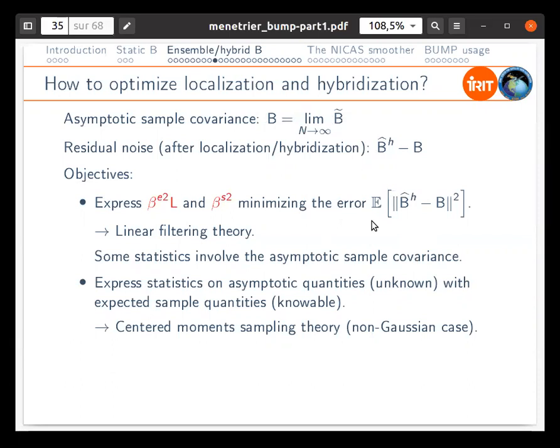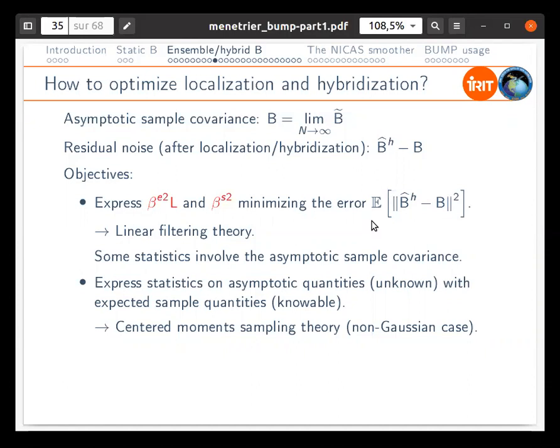So we have to use some theory to express expectations and statistics about the asymptotic sample covariance using only the real sample covariance that we have with a limited number of members.